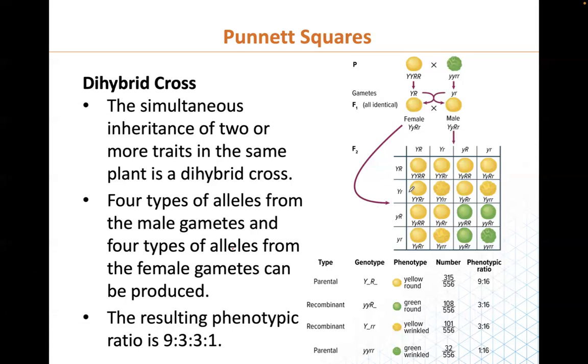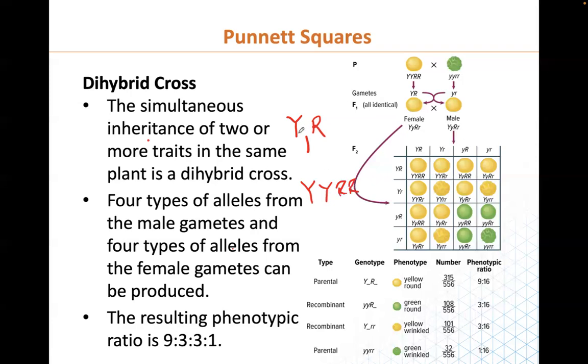So how do you discover yellow and smooth? Whenever you find one uppercase Y and one uppercase R, that means it's yellow and smooth. You can even have a double uppercase, and that is the same.